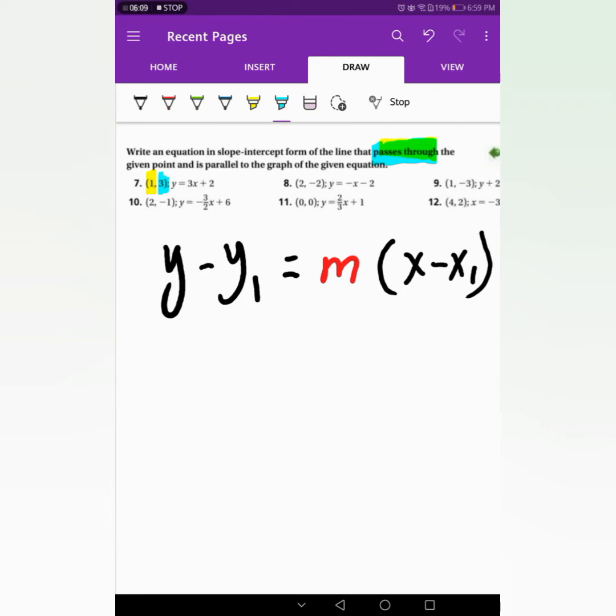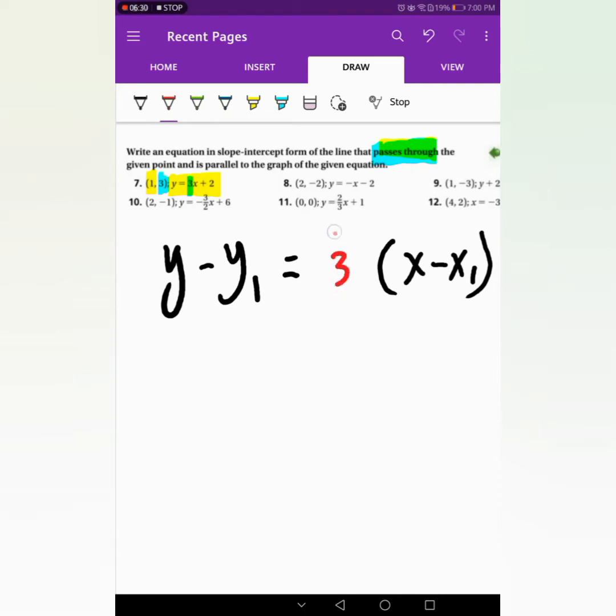And he said also it is parallel to the graph of the given equation. That means they have the same slope, so m here is 3.